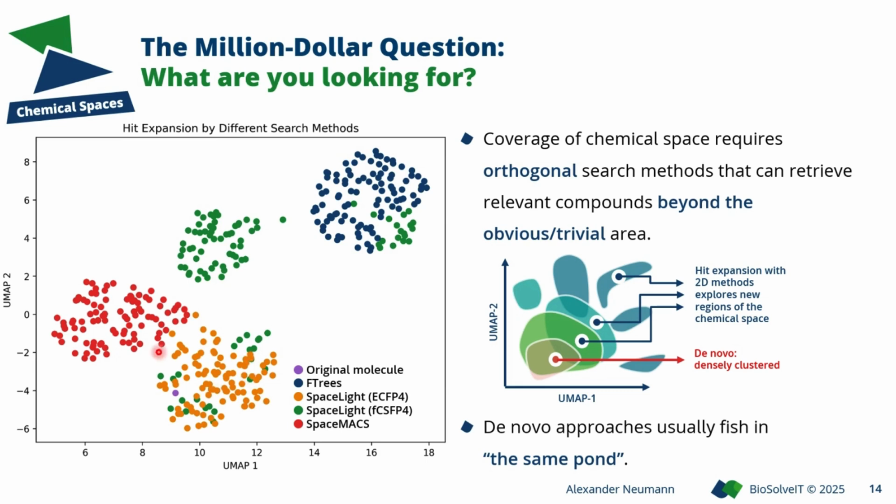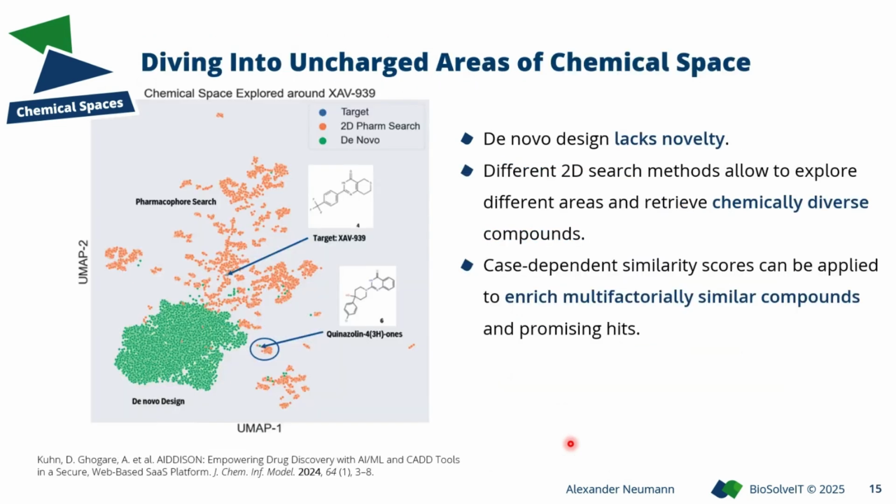Basically, what you would expect with de novo design is a clustering around the compound in this zone. Fingerprint methods, ECFP4, are able to extend it to some degree, but additional methods cover more area of the chemical space that can lead to new structures, new scaffolds, to be confirmed by additional computations to be actually of value. So therefore, to leave the same pond for de novo design, apply new methods.